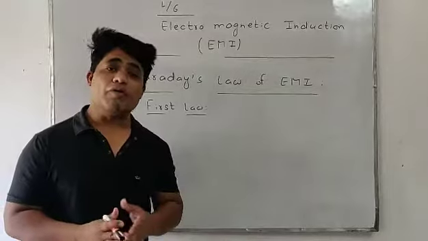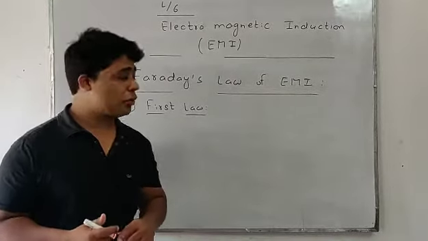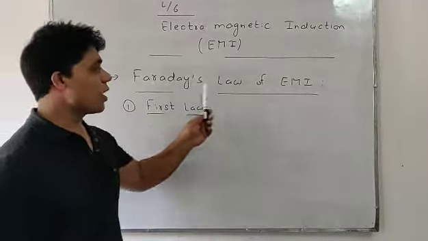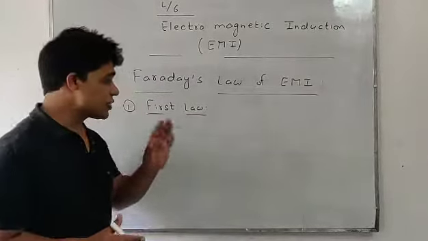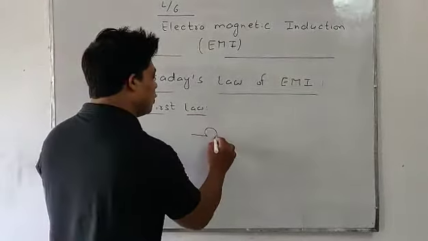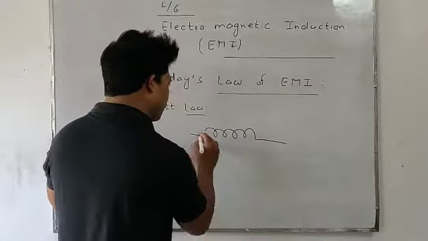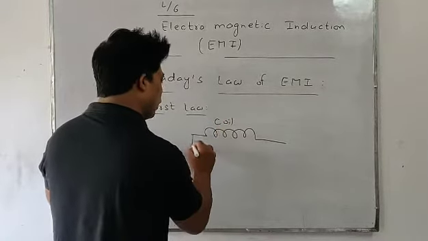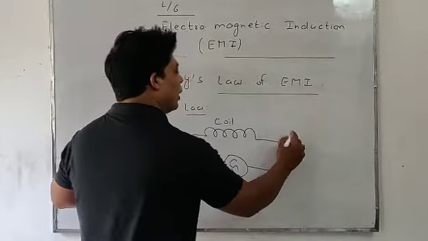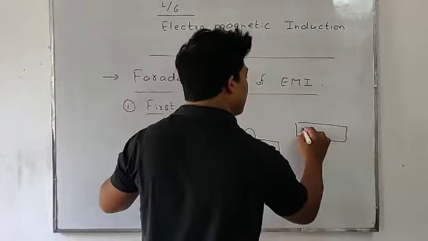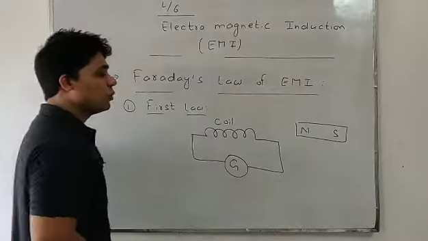Now, students, on the basis of the Faraday's experiment we did today, we will discuss Faraday's laws of electromagnetic induction. Faraday gave two laws. First, we'll discuss the first law. In the experiment, he took the coil and connected it with a galvanometer, and this is the bar magnet, north and south.